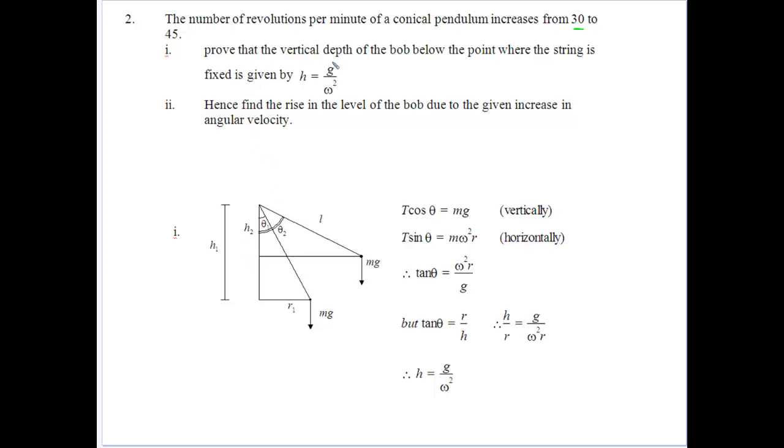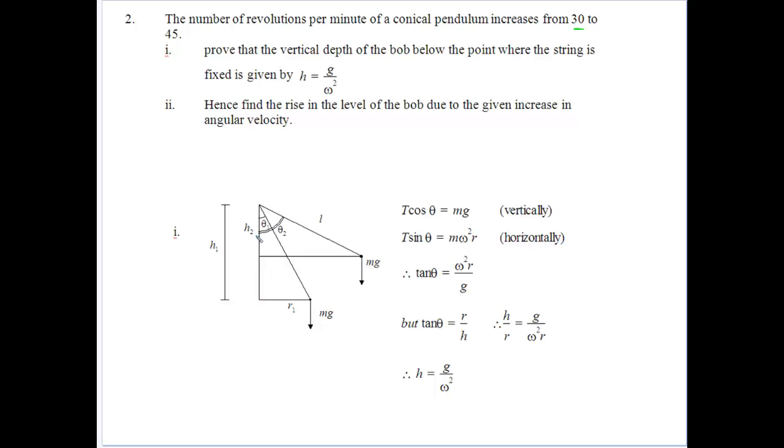So what it's going to move there, we want to look at what the change in the height would be there. So if that's the height there and the height there, then if we get the difference in those, we can find the rise in the level of the bob there.